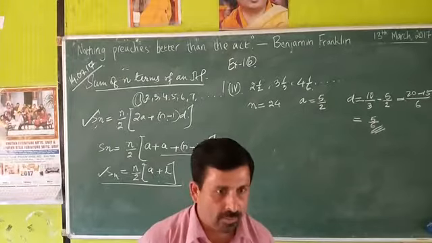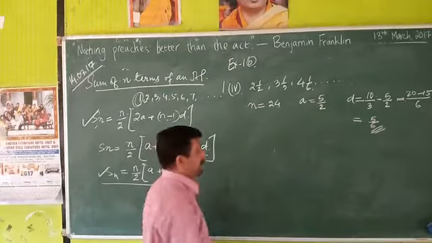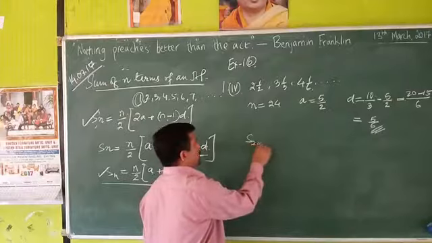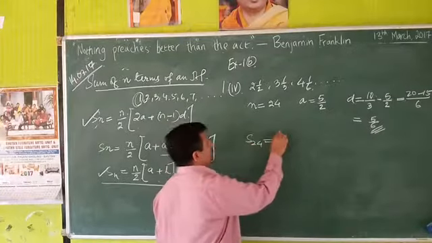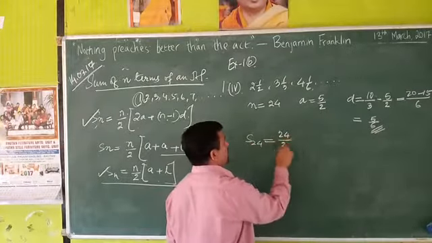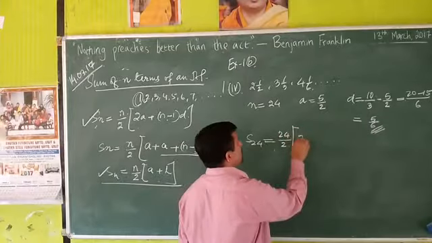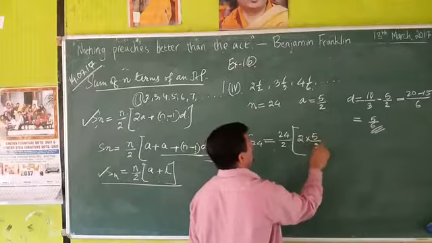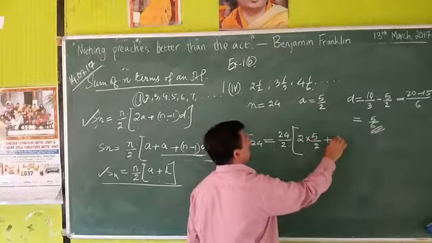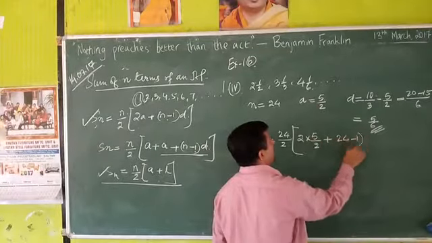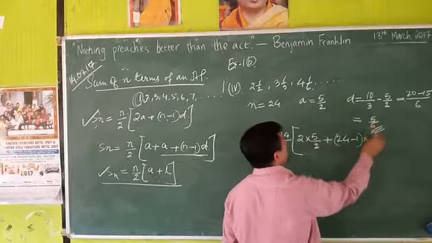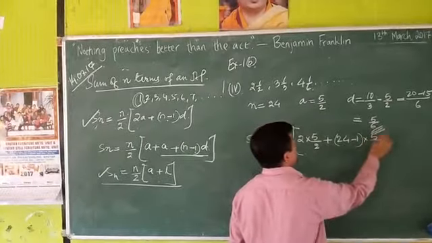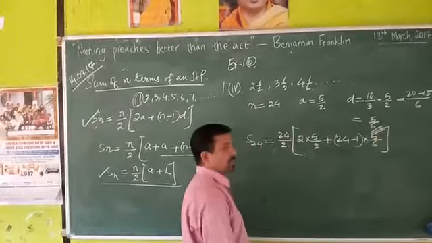We can now find the sum of 24 terms of the series. So S24 is equal to 24 divided by 2, into 2 into a, and a is 5 over 2, plus n minus 1, that is 24 minus 1, into d, and d is 5 over 6. Is it okay?